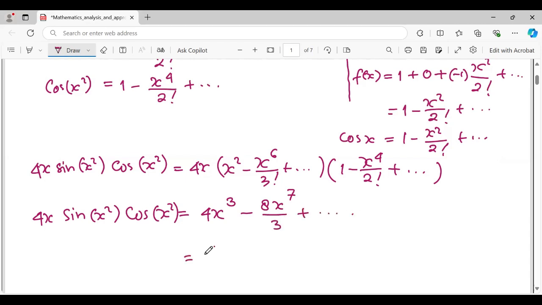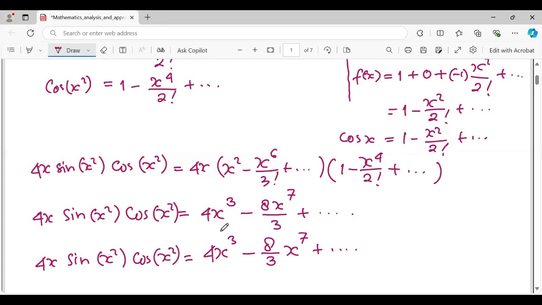Or you can write 4x cubed minus 8 over 3 x to the 7 plus so on. So this is the Maclaurin series of 4x sine x squared cosine x squared. The first two non-zero terms: this is the first non-zero term, and this is the second non-zero term.